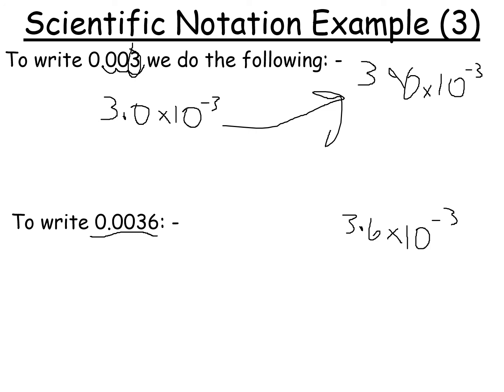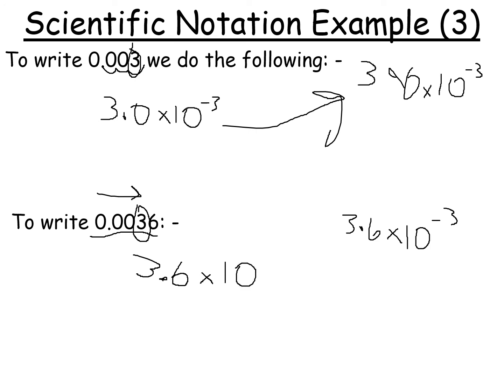Same rules as before. Write down the first whole number we come across. So that's 3, because remember we're going this way every time. Put the decimal place down. Is there any number after 3? Yes. So we've got to write that down. So it's a 6 times 10 now, because that tells us we're using standard form.